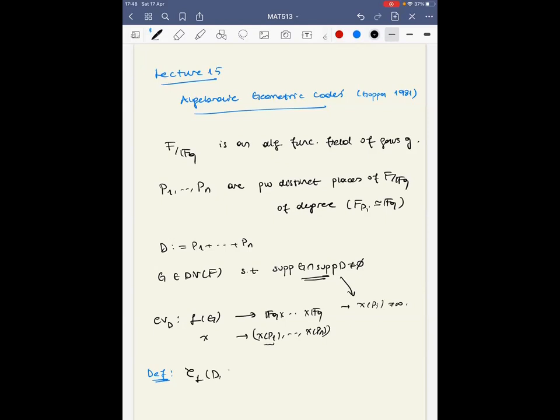And we will use the notation C_L(D, G) to represent the given places and the given divisor.